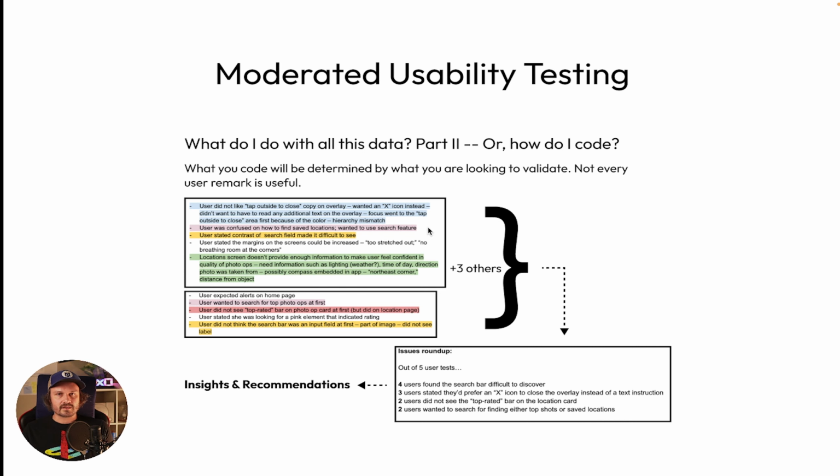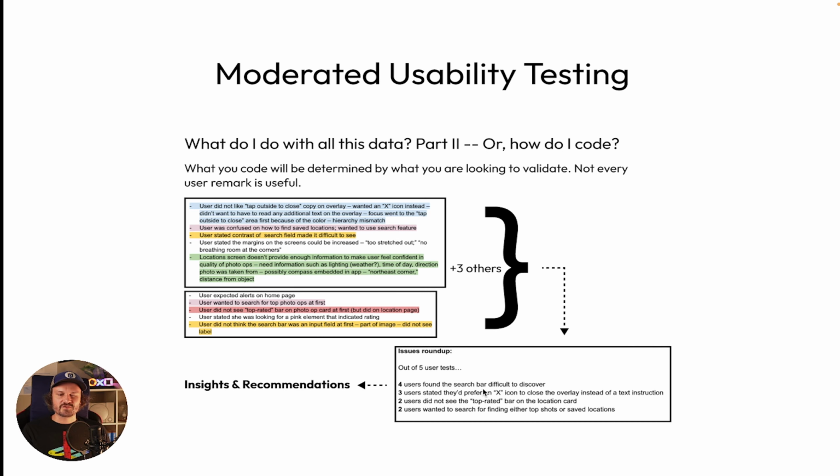When I was done writing the notes, having watched the recordings and color-coded everything like this, which is my form of coding so far anyway, I counted every instance of a certain issue being presented, and then in a separate document I made a summary of the findings, the synthesis.